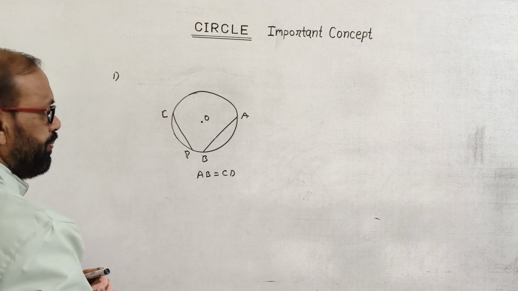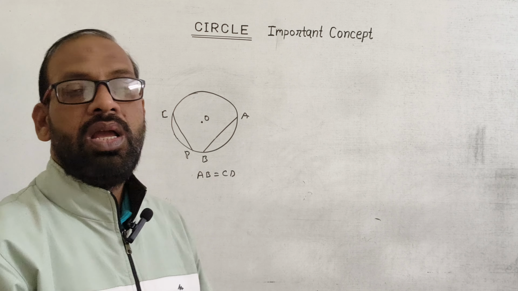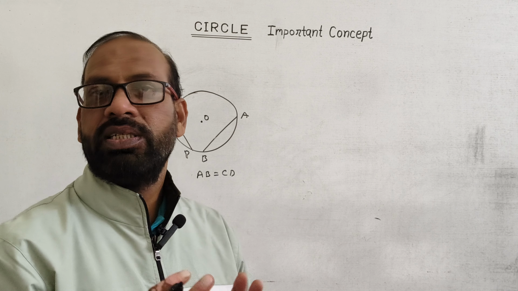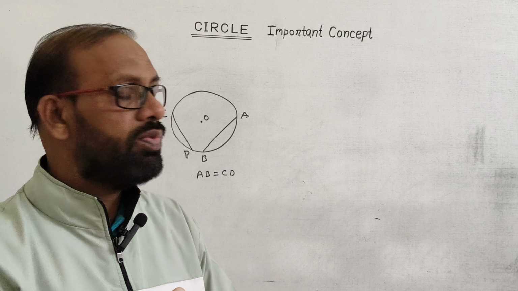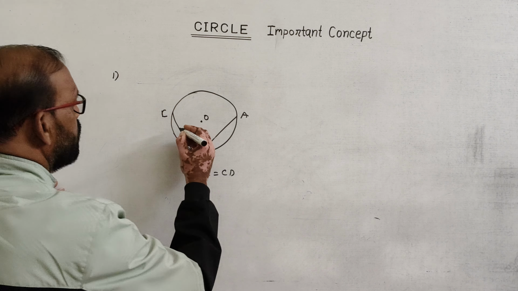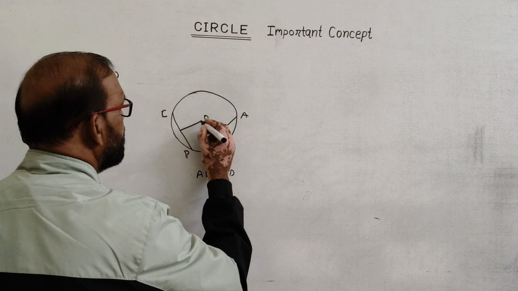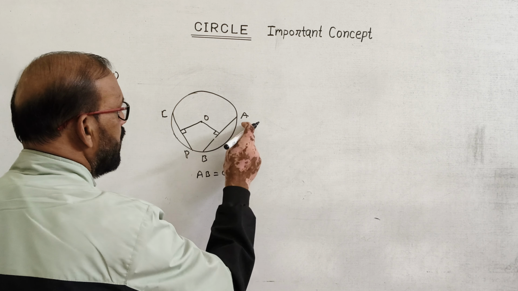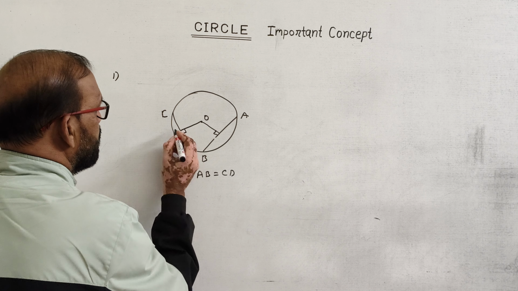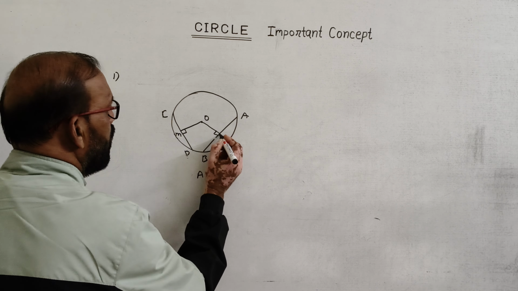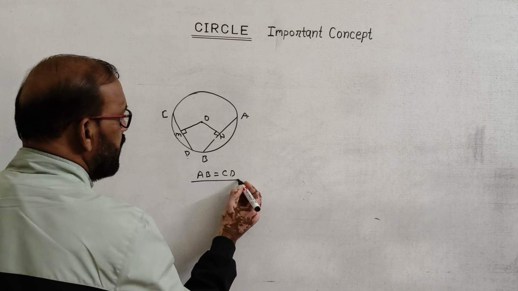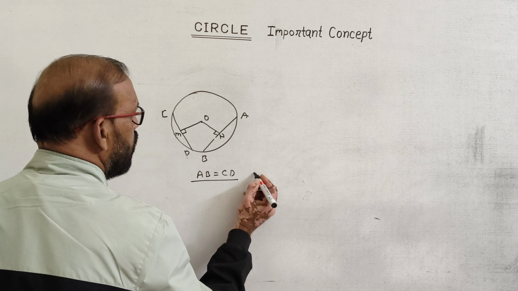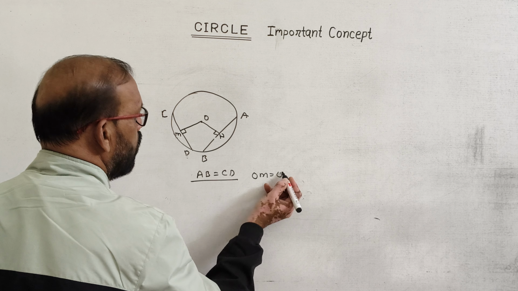If two chords are equal, then their distances from the center are always equal. Distance means, suppose you draw a perpendicular from the center O like this, and this one is another perpendicular to the chord. These distances are represented by OM and ON. If chords are equal, their distances from the center are equal, so OM is equal to ON.